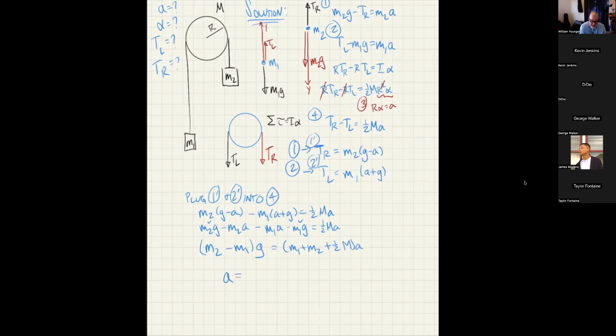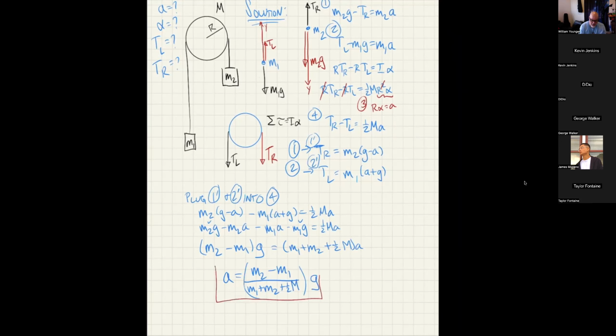So A is equal to M2 minus M1 over M1 plus M2 plus 1/2 M. All of that is unitless, by the way, so that's kind of nice. It didn't turn out too pretty. All of that, which is unitless, can be multiplied by G, which has the units of acceleration.